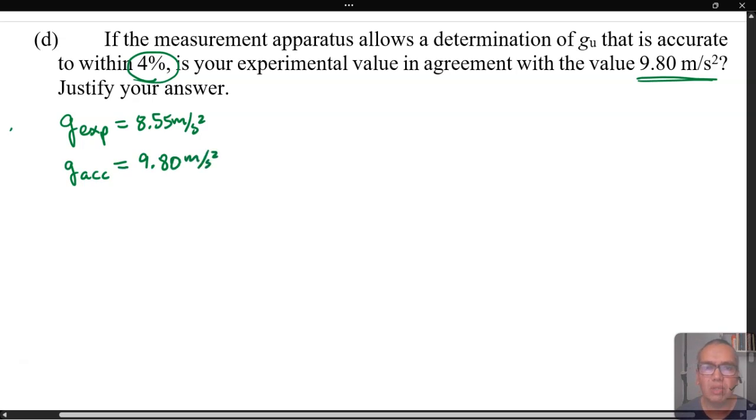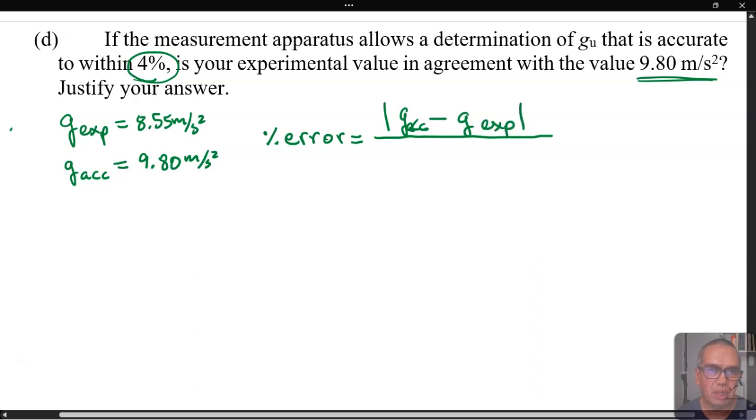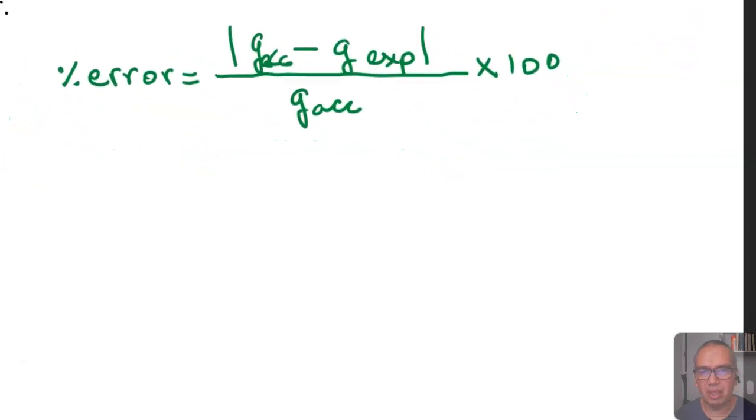Well, if you want to determine agreement within 4%, you need to calculate the percent error. And that percent error is given by the formula: absolute value of the accepted value minus the experimental value. Basically, that's the difference between accepted and experimental values, divided by the accepted value, and you multiply times 100 to give the error as a percentage.